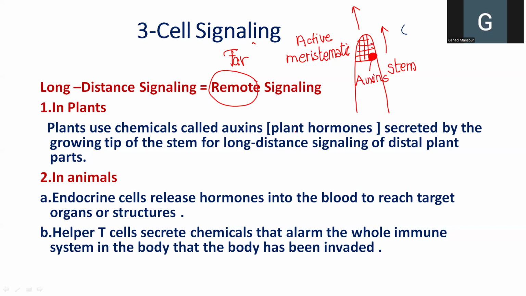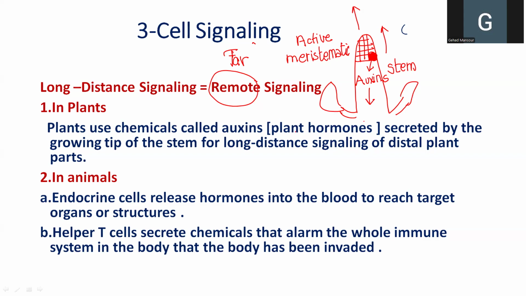And these signaling molecules are not released from the plant, but they diffuse from the producing cell to other areas of the plant, for example, to the leaves, to the flowers, etc. And these auxins are considered an example of remote signaling.